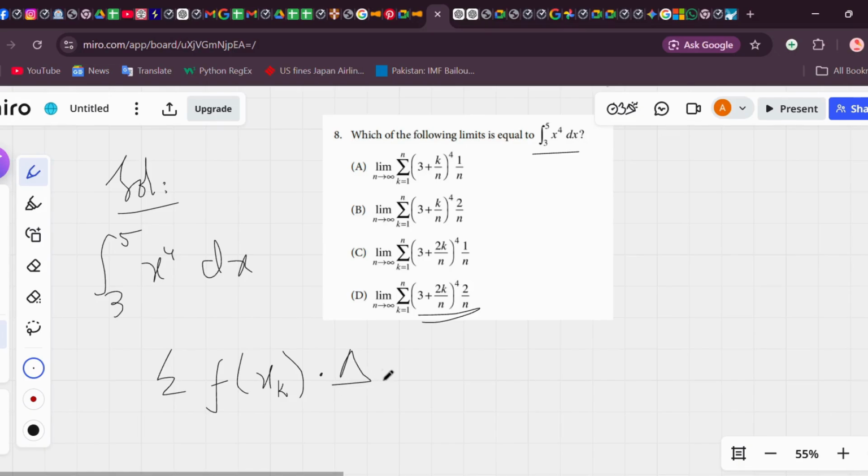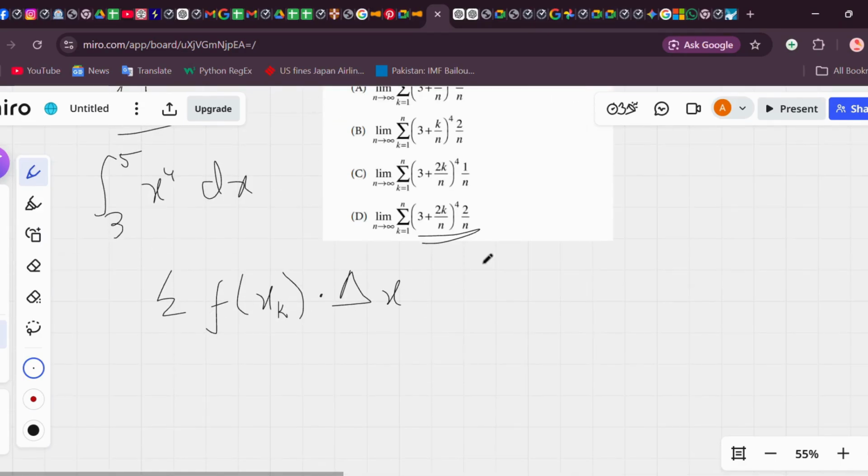So let's find delta x first, because to convert this equation into the matching limit function, we have to find this so that this equation can be equal to this. Delta x is equal to b minus a over n, where b is the upper limit and a is the lower limit.